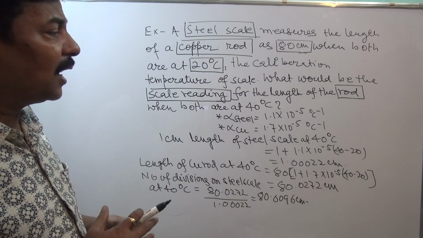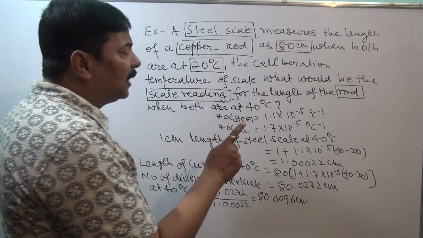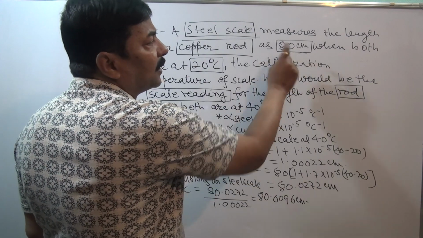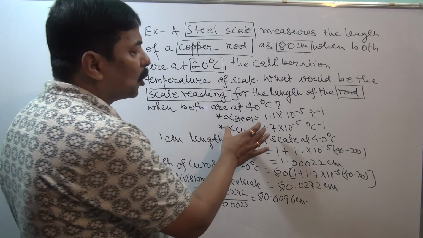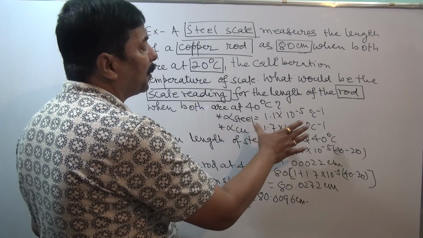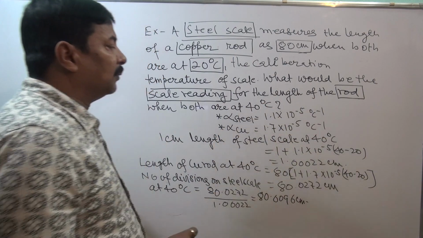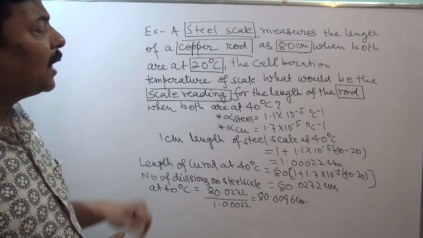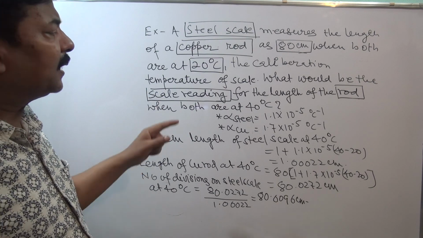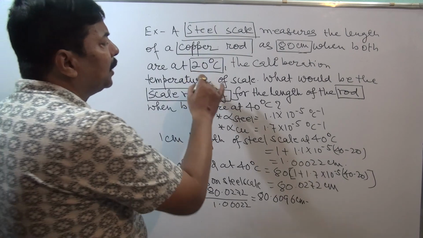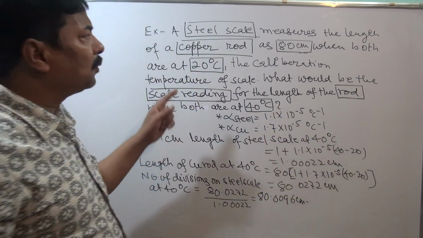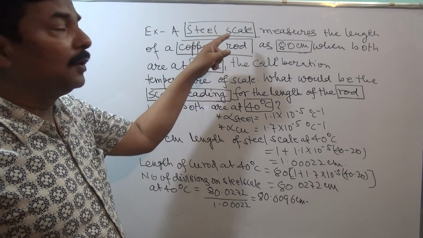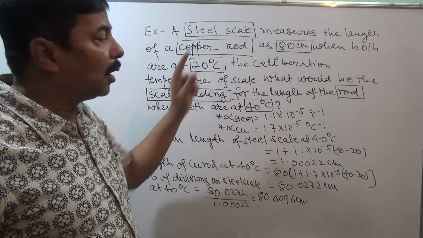So we can understand that certainly the reading should be greater than this. Why? Because the copper rod will expand more. Temperature has changed from 20 to 40 degrees centigrade, so the steel scale will also expand and the copper rod will also expand.